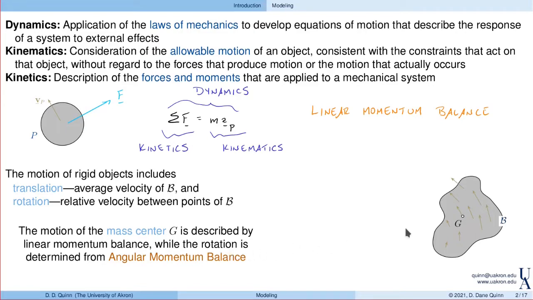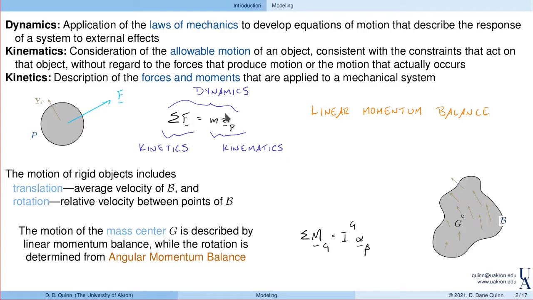And the rotation is then determined from angular momentum balance. Angular momentum balance is written as the sum of the moments about the mass center is equal to the moment of inertia of the object about the mass center times the angular acceleration of the body.